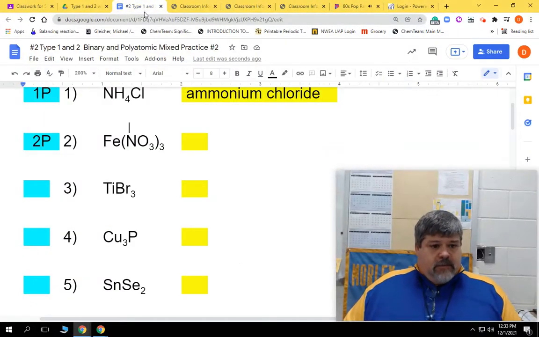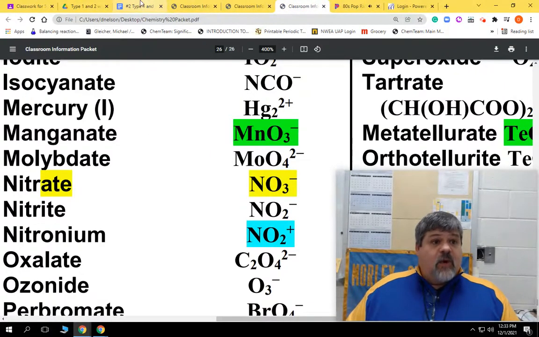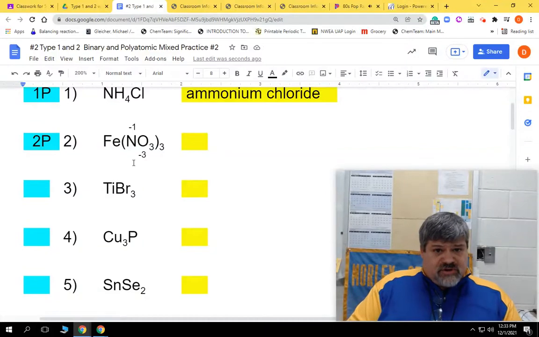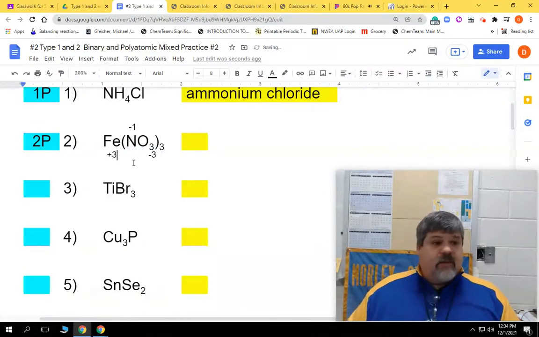So if we go back to it, nitrate is a -1. But I have 3 of them, so my total charge for nitrate is -1 times 3, or -3. For my iron, it has to be equal but opposite because those charges have to cancel each other out, so it's going to be a +3.